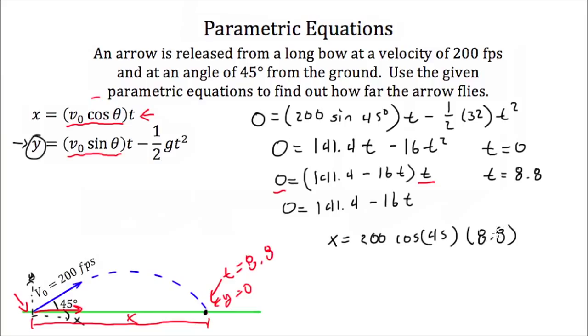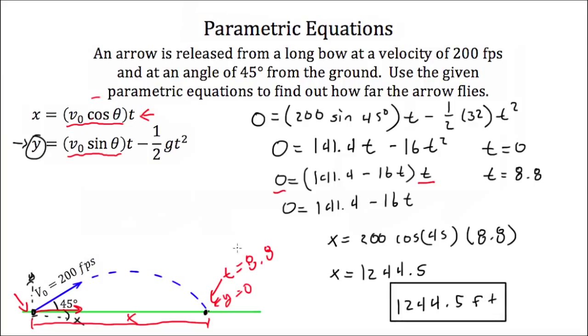Plug all of this into your calculator, and that means x is equal to 1244, about 0.5. So if that's our x coordinate, and we said this one was 0, that means our arrow flew 1,244.5 feet.